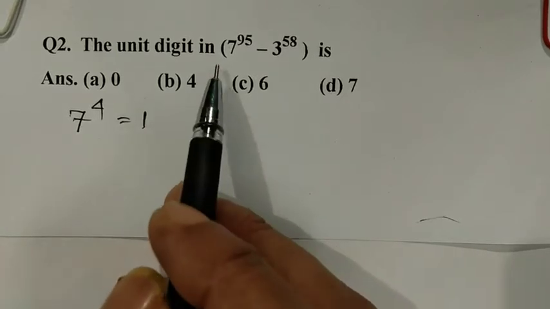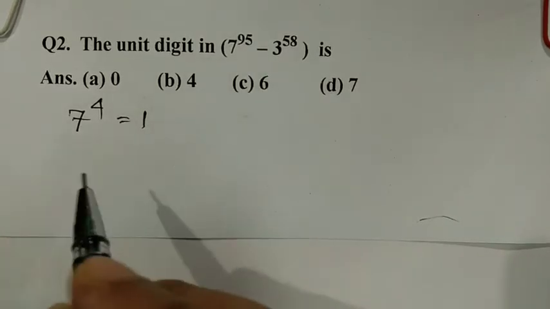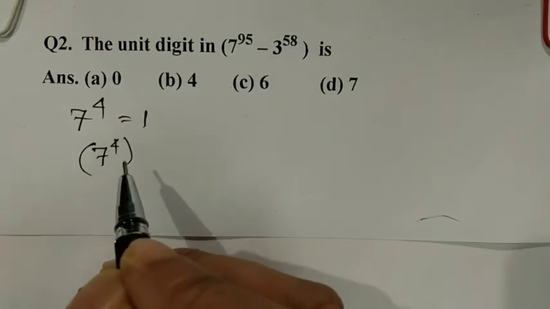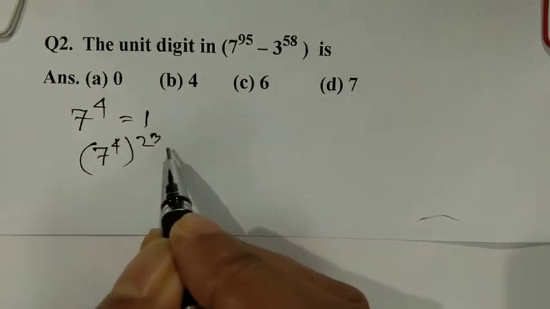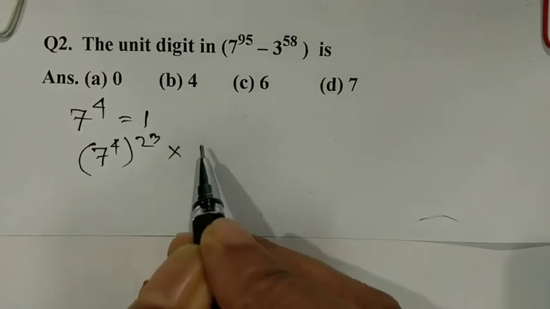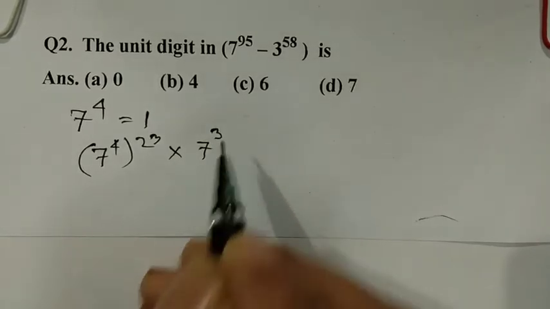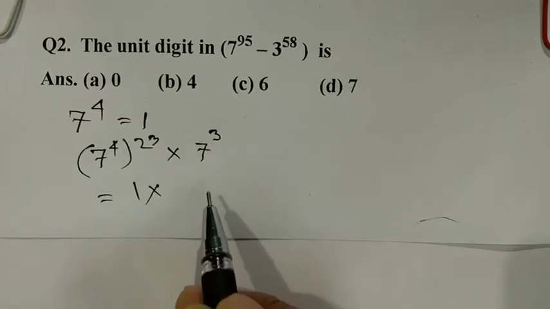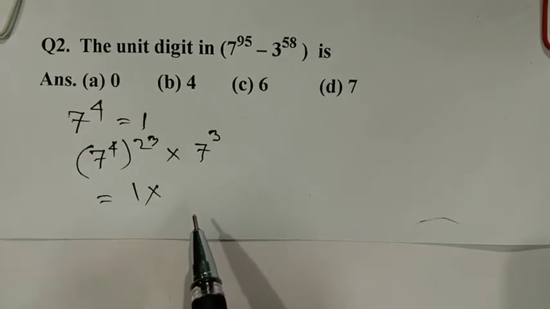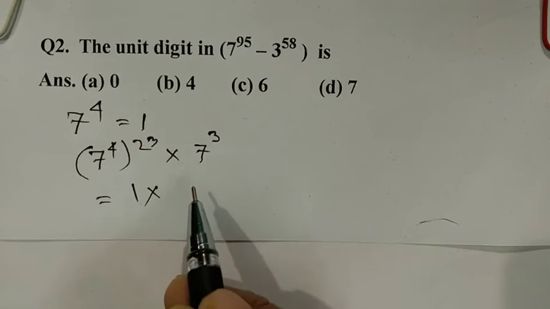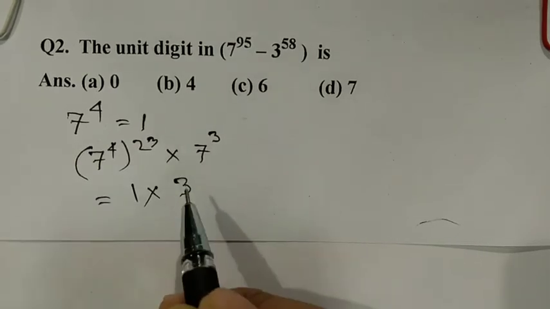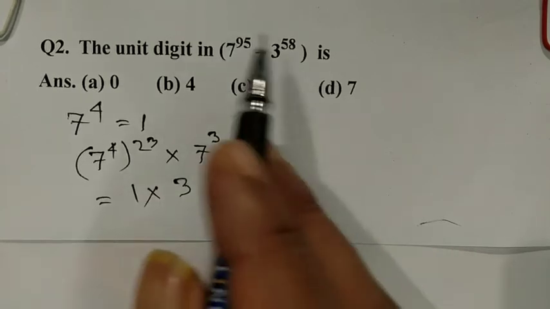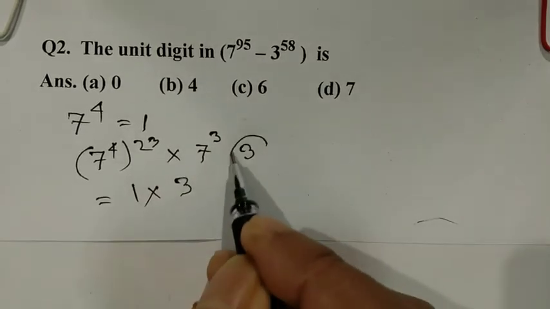Given 7 to the power 95, we can write 7 power 4 whole power 23 into 7 cube. Then unit digit 1 into 7 cube, which is 343, then unit digit 3. So the unit digit in the whole number is 3.